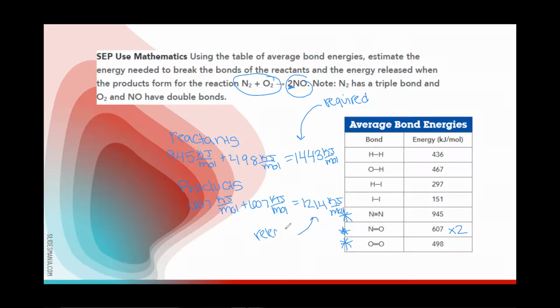Notice this one. The amount of energy that is released is less than the amount of energy that is required. So it's going to absorb a certain amount of energy from the surroundings. Let me write this down. Reactants is greater than products.